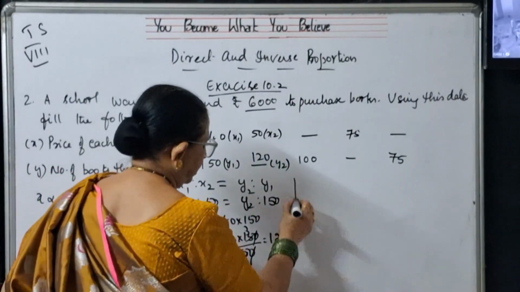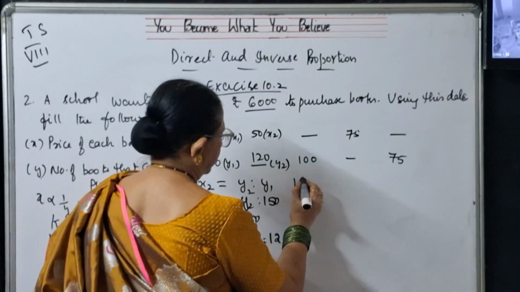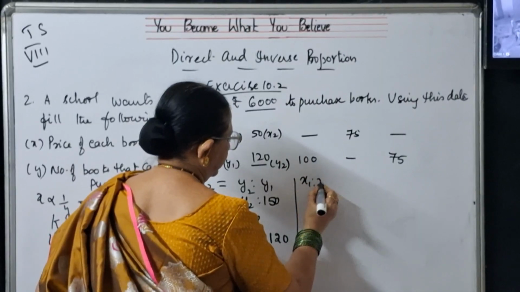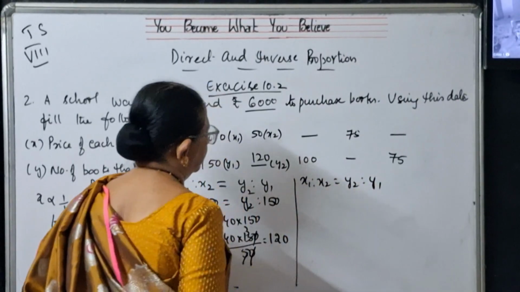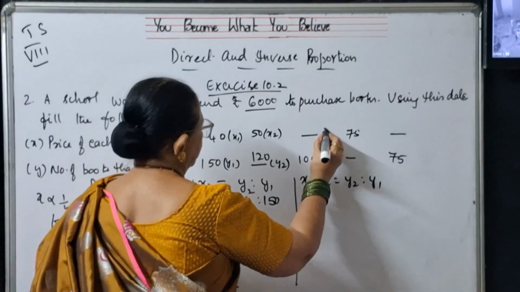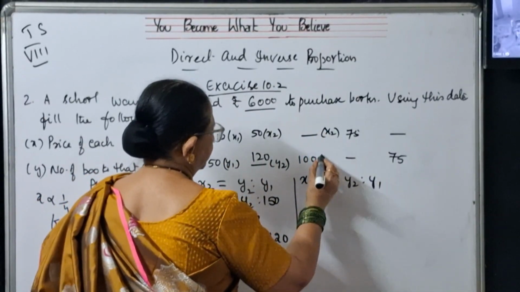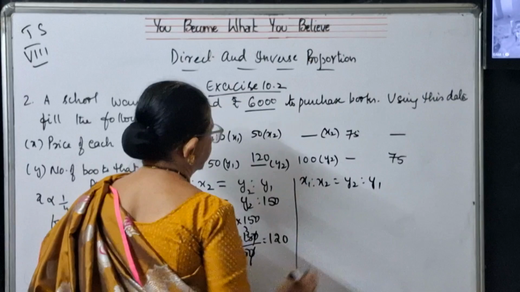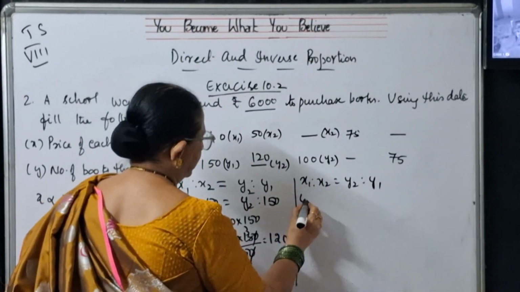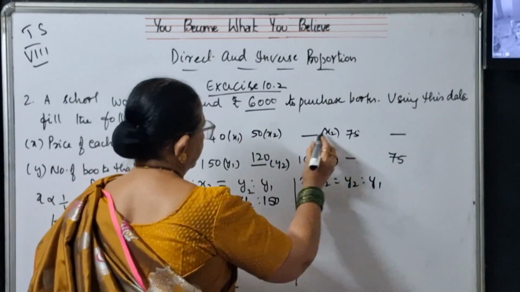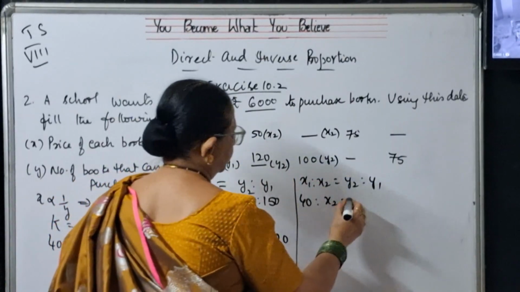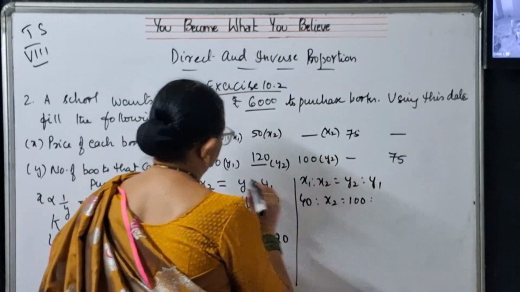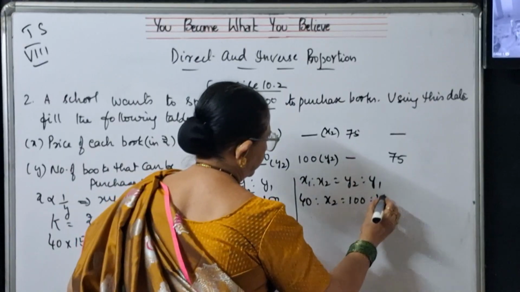So similarly, again, x1 is to x2 is equal to y2 is to y1. Now we consider this as x2, this as y2. So 40 is to x2, which we don't know, is equal to y2 100 is to y1 150.